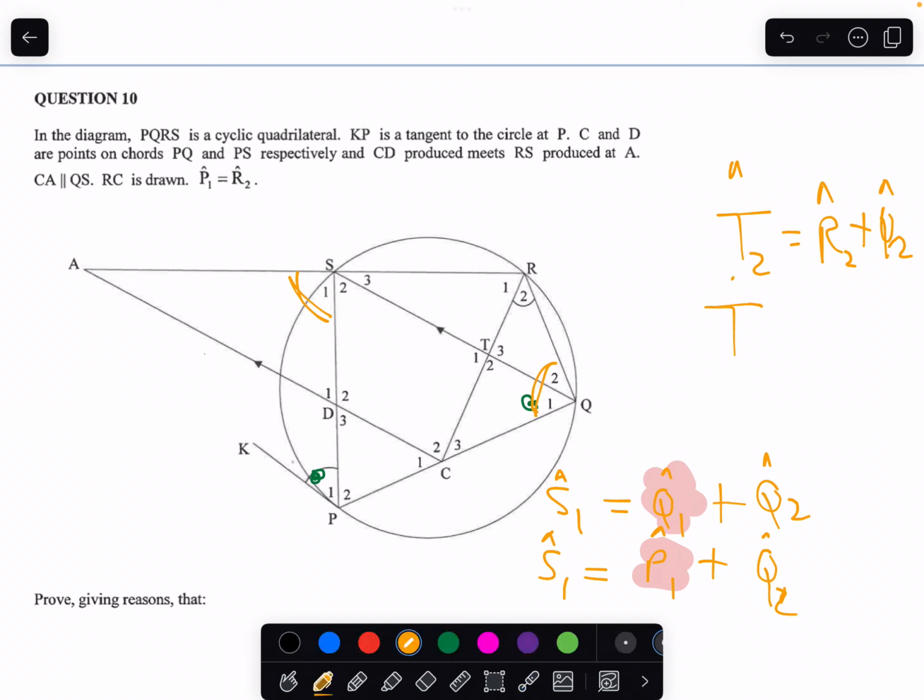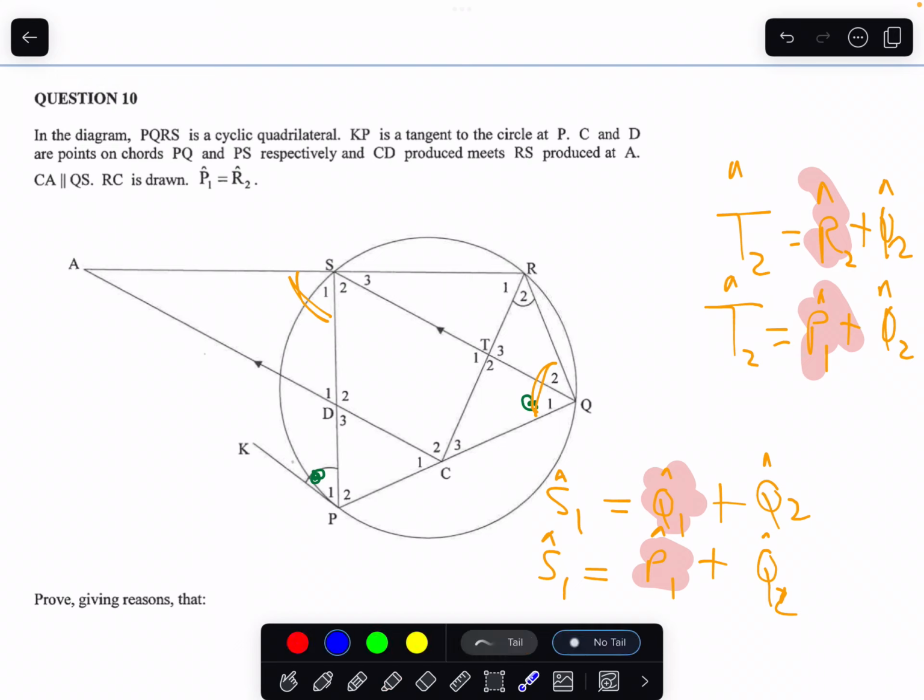Okay, so T2 is the same as P1 plus Q2 because these are equal. So that means that S1 and T2 are equal. Ah, that's very cool. Oh, what a workout.